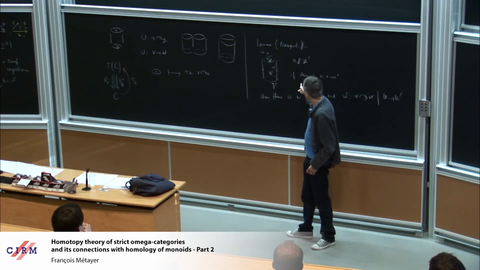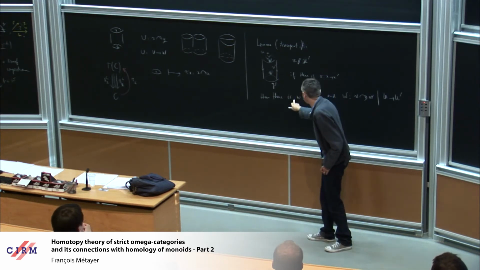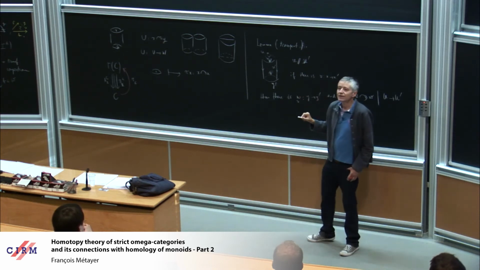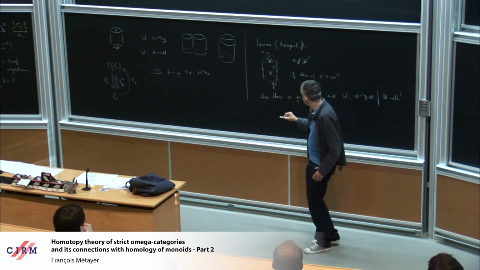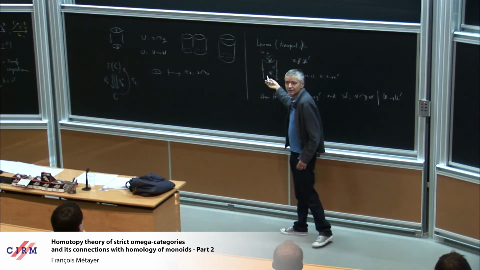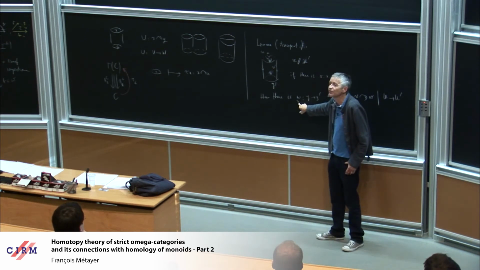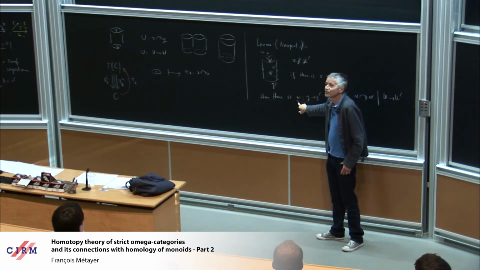Plus, this cell W is weakly unique, meaning that if there's another w filling the gap, then this w is automatically omega equivalent to the first one.